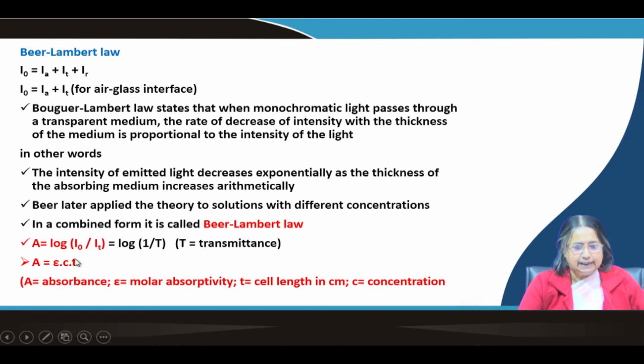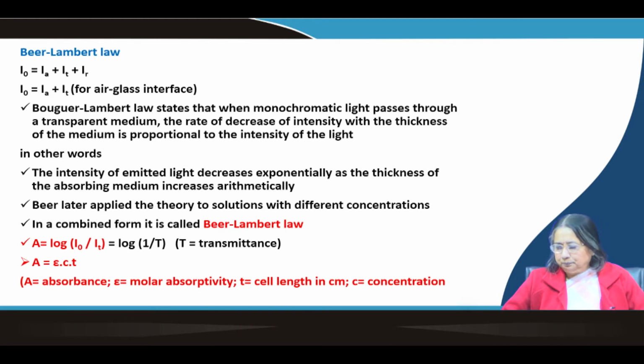T, the path length, we are keeping constant at 1 centimeter, and C we are varying. So, absorbance will vary with C, and it is a straight line equation passing through the origin. So, this is called the Beer's law calibration. When we do the calibration, it is called Beer's law calibration. I will show you.